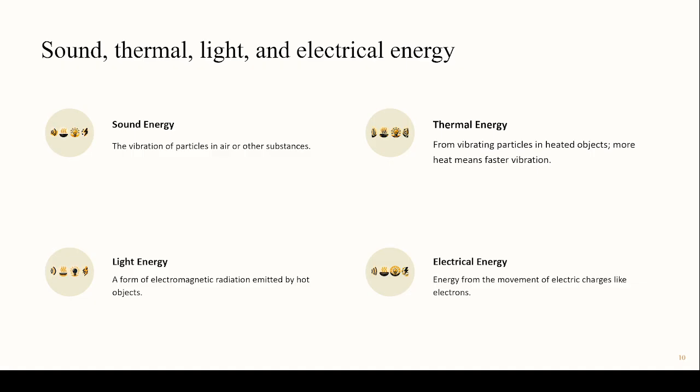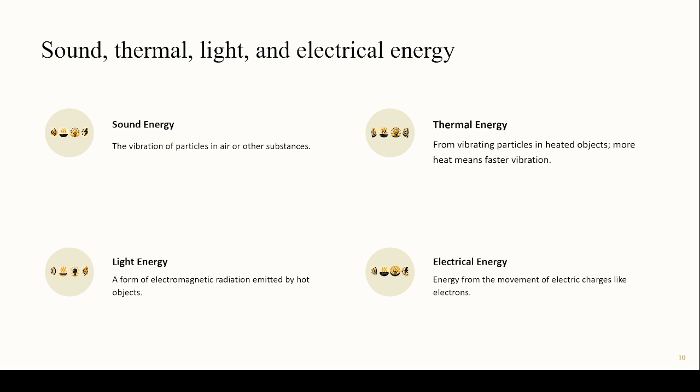For example, light from the sun comes to Earth, and I just said that vacuum has no particles. So basically, radiation doesn't need particles to move. But it moves, so motion is involved. Light comes, so it moves. So light energy, because there is movement involved, is also a form of kinetic energy.